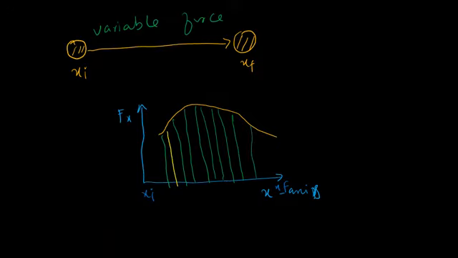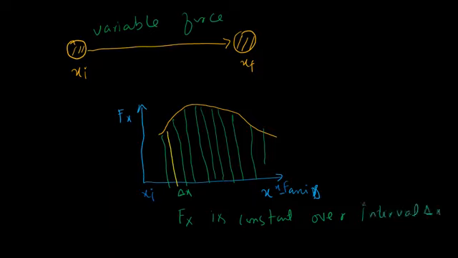If this small displacement is represented by delta x, we can consider that the x component of force is constant over this small interval delta x. So we can find the work for this small interval delta x, and this will be the shaded region.